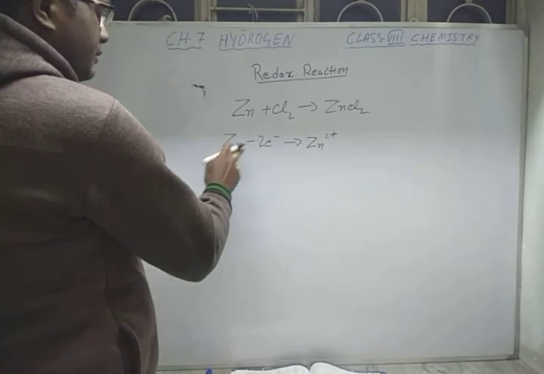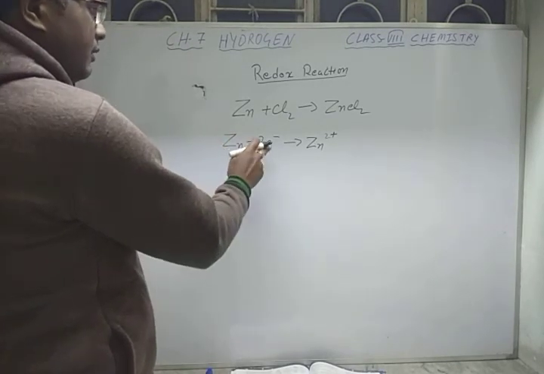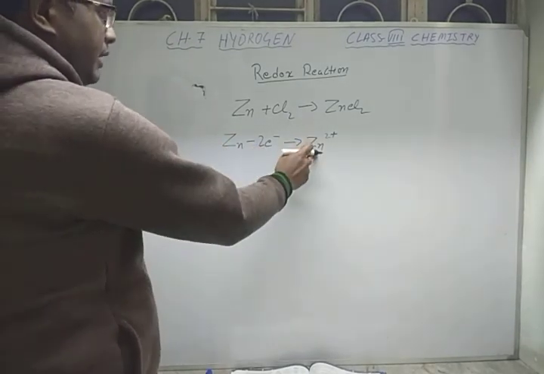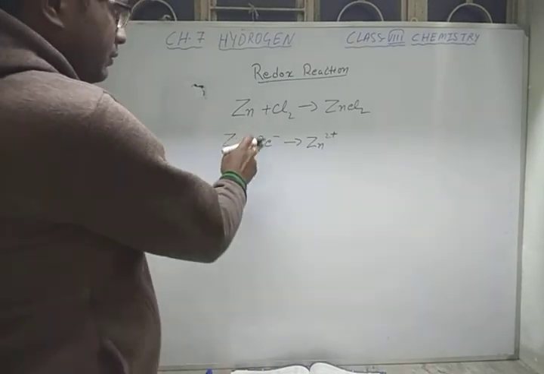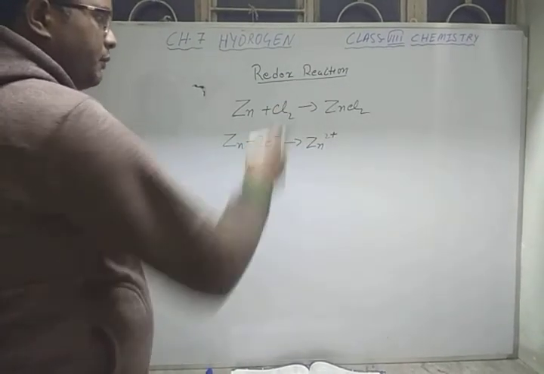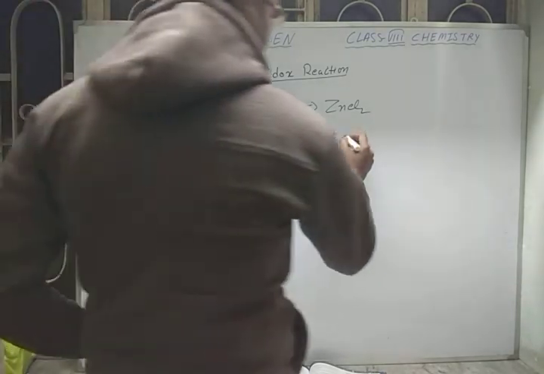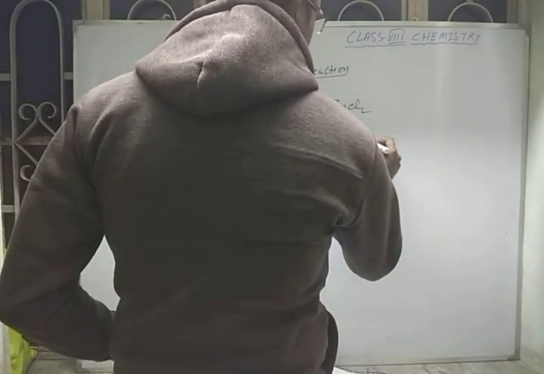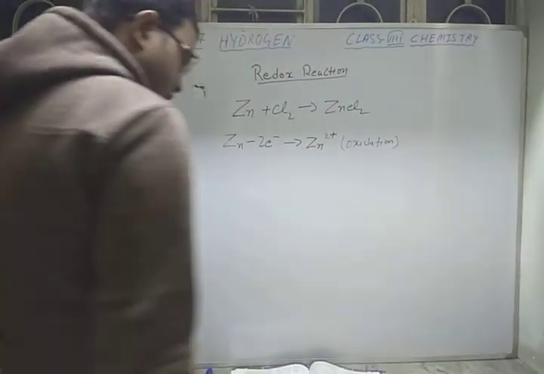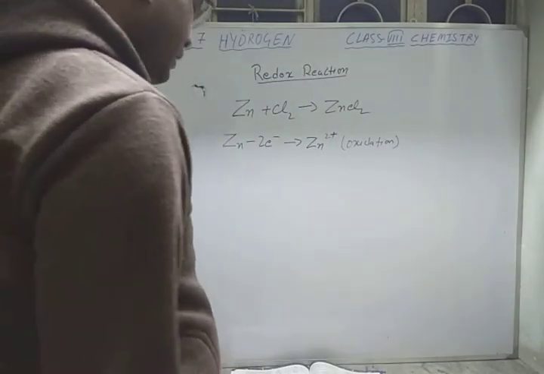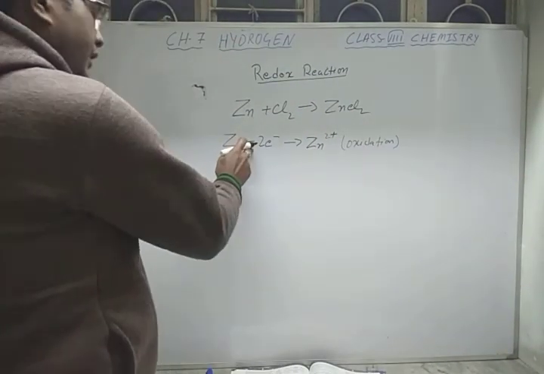Zinc lost 2 electrons to become an electropositive ion. So by losing electrons, it becomes an electropositive ion. Here oxidation takes place by losing electrons.